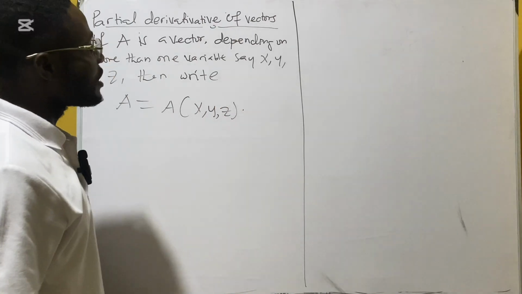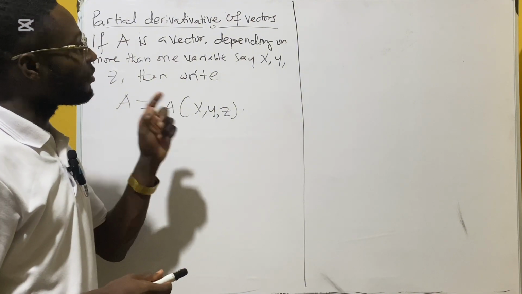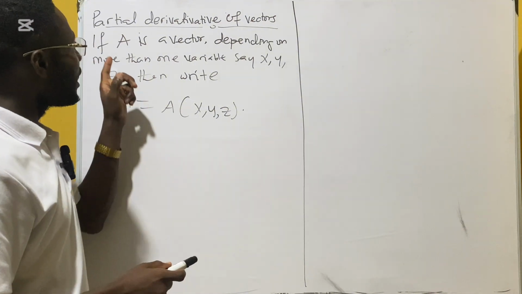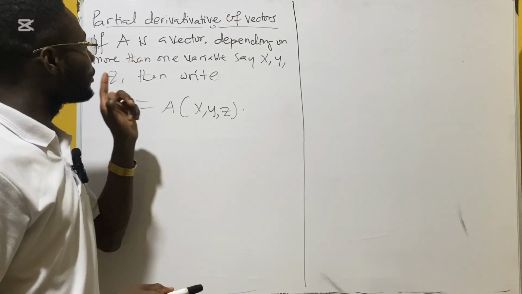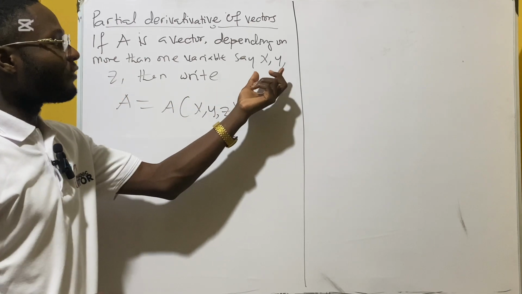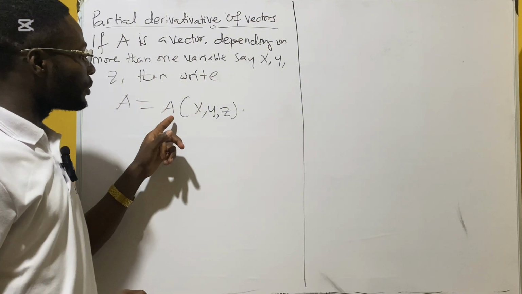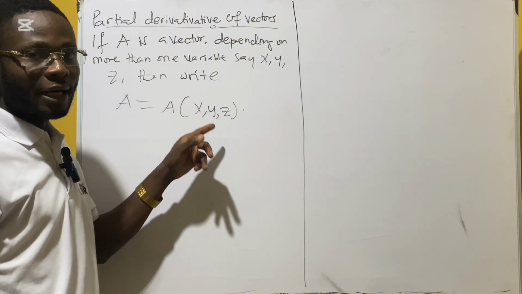So that is when we are talking about partial derivatives of vectors. If a is a vector depending on more than one variable, x, y, z, then a is equal to a of x, y, z.